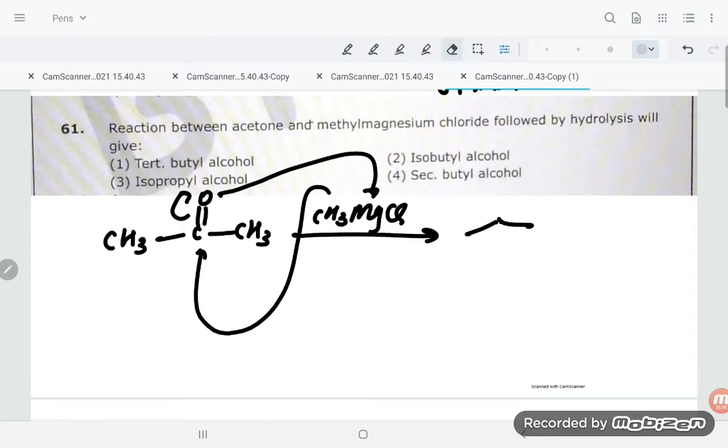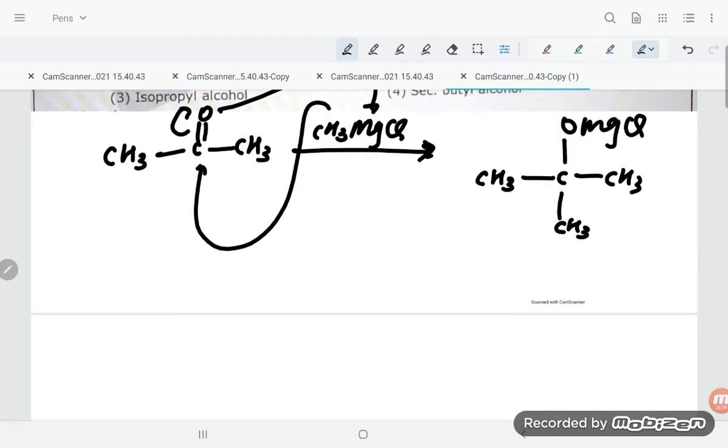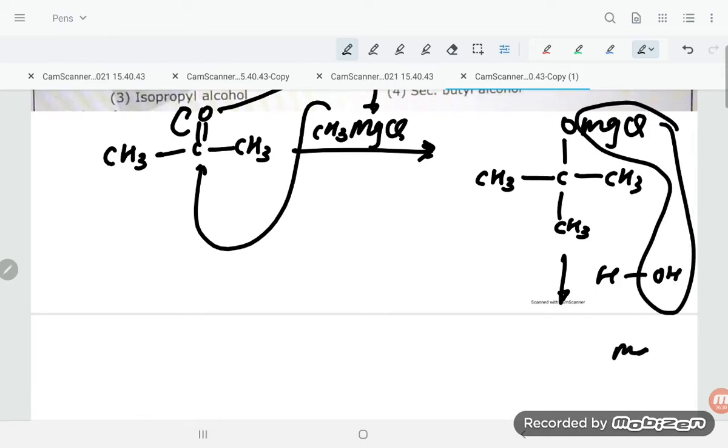What product is going to be formed? Here is CH3, this is OMgCl, and downside CH3, and here CH3. If you are treating with water, HOH, what will happen? Hydrolysis, Mg(OH)Cl will be out.